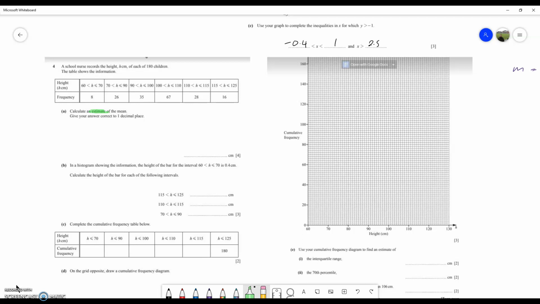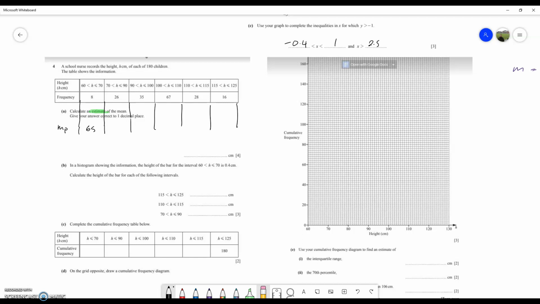So the key thing with this question is we need to come up with some sort of value to use, and the convention is that we find the midpoint. So I'm going to extend this table down to include a midpoint, halfway between the bounds of the class width. Halfway between 60 and 70 is 65.